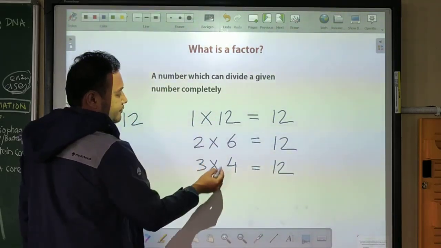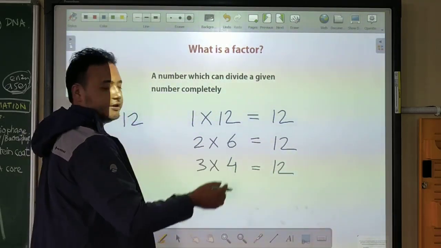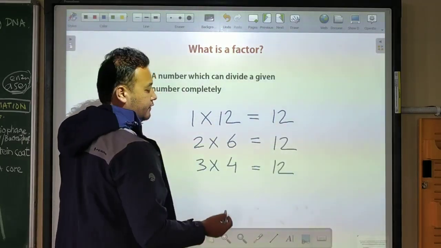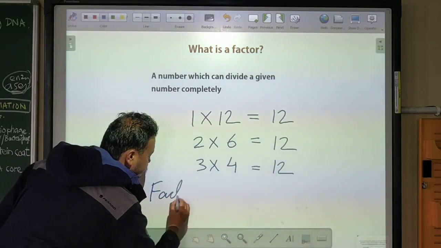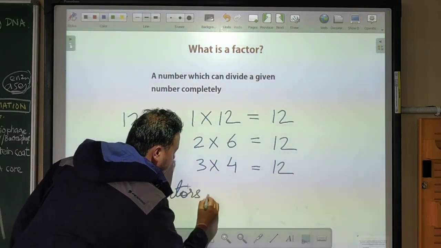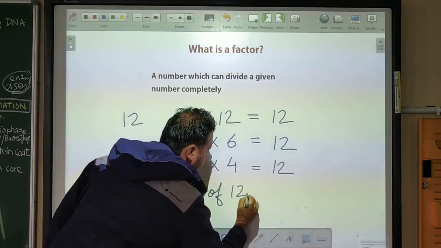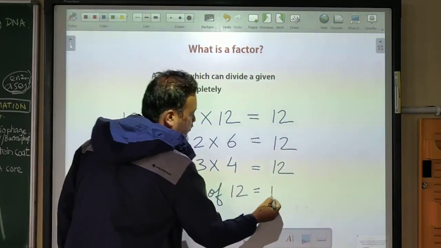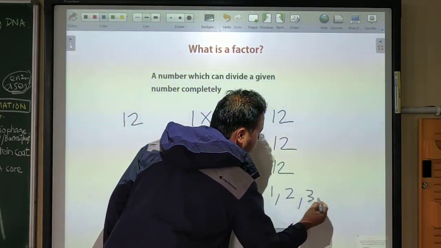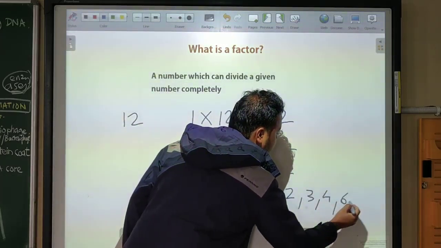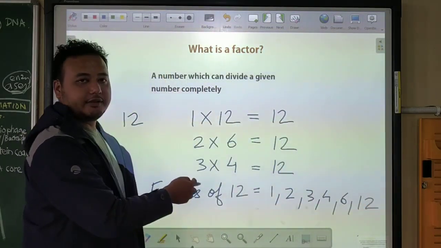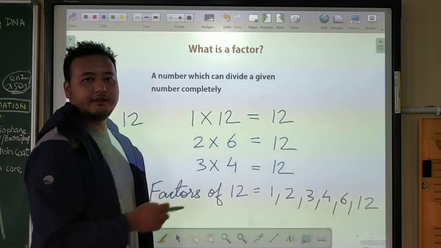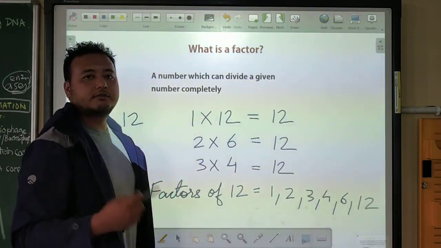So these three pairs of numbers, which when you multiply, they give 12. So those are called the factors of 12: 1, 2, 3, 4, 6 and 12. So you can also use this method to find the factors of any given number without dividing.